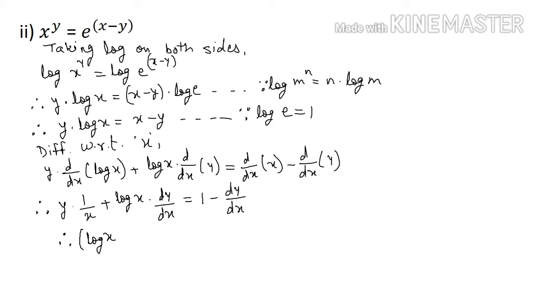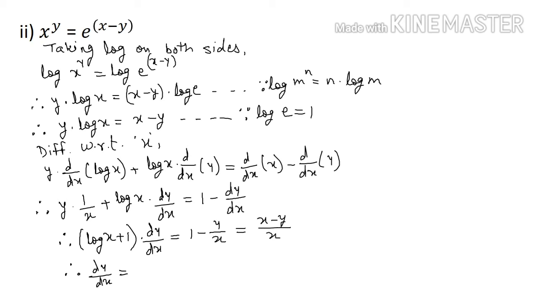When it comes on LHS, it will become plus dy by dx. So we'll write plus 1 into dy by dx is equal to 1 minus y by x. Now 1 minus y by x can be written as x minus y upon x.